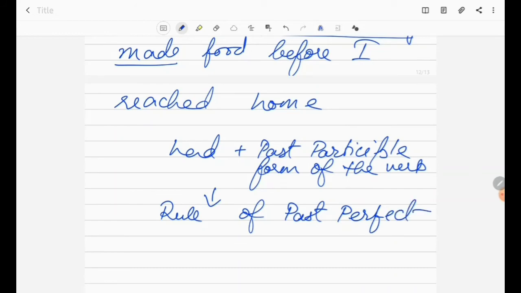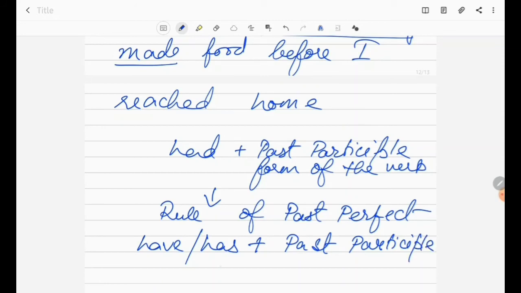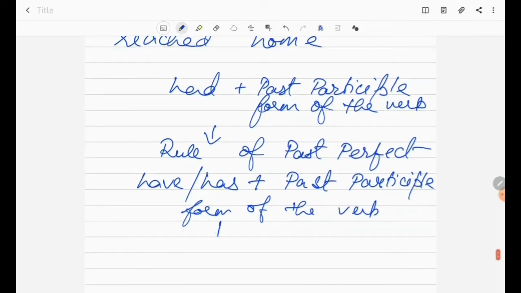And what is the rule of the present perfect? Have, has plus past participle form of the verb. This is the rule of the present perfect.